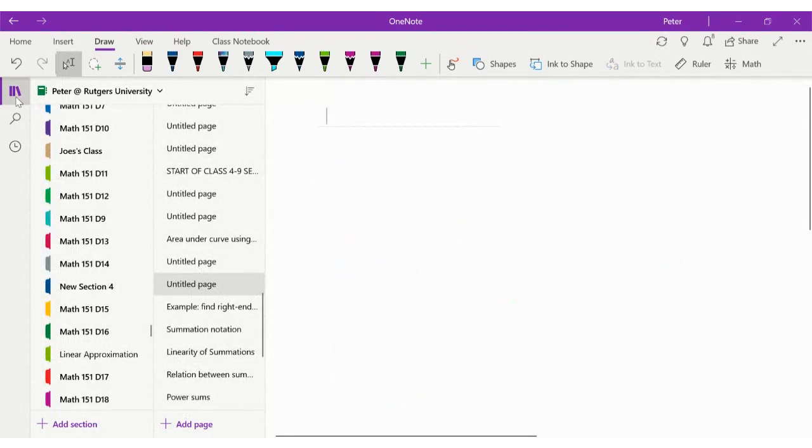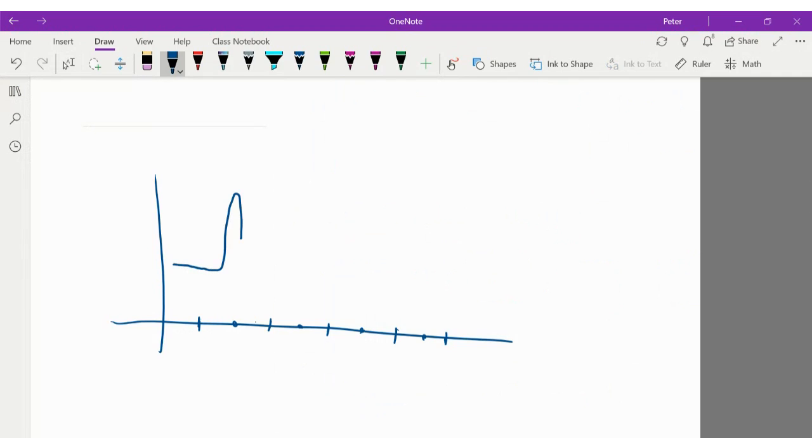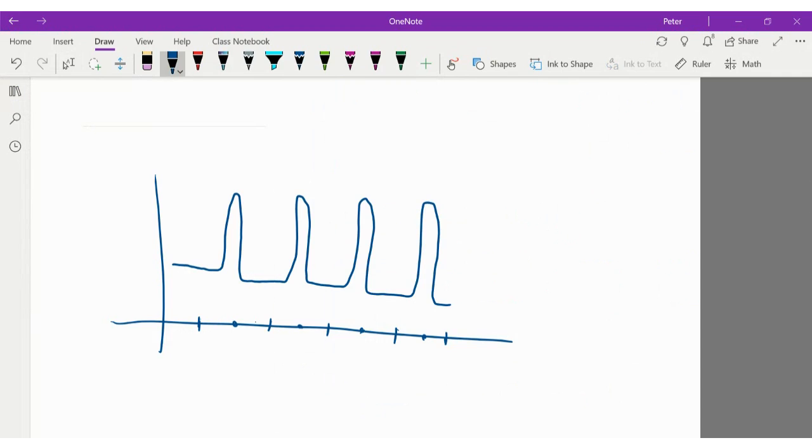If I draw, let's say, a function that looks like this, what you can see is that the midpoint approximation, because those are the midpoints, is going to way overestimate the area.